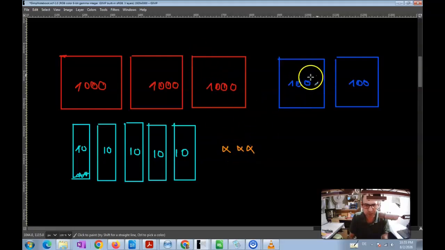And by the same logic, when you put 10 of these blocks together, you get a block of 1,000, which means that there are thousands of these pebbles in this block.